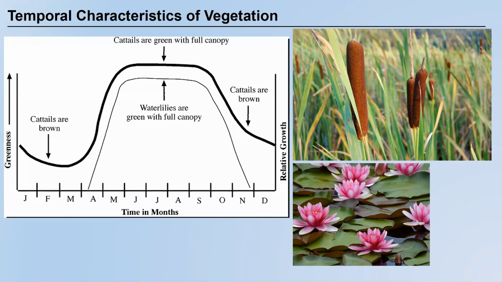You can find cattail leaves in winter, right? So here is the difference. But in summer, from May to September, you can find both types of vegetation in a lake and its surrounding area. But the greenness of cattail is higher than water lilies.